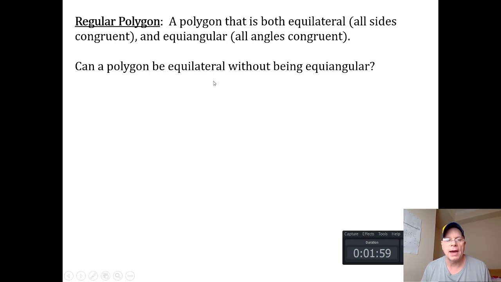It is possible. I'm talking about quadrilaterals in that case, but you could have equal or congruent sides but not have equal or congruent angles. For example, a rhombus. A rhombus by definition has four congruent sides.